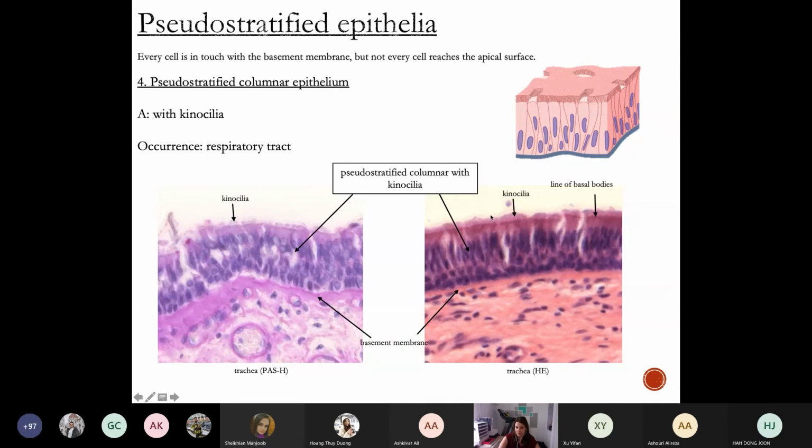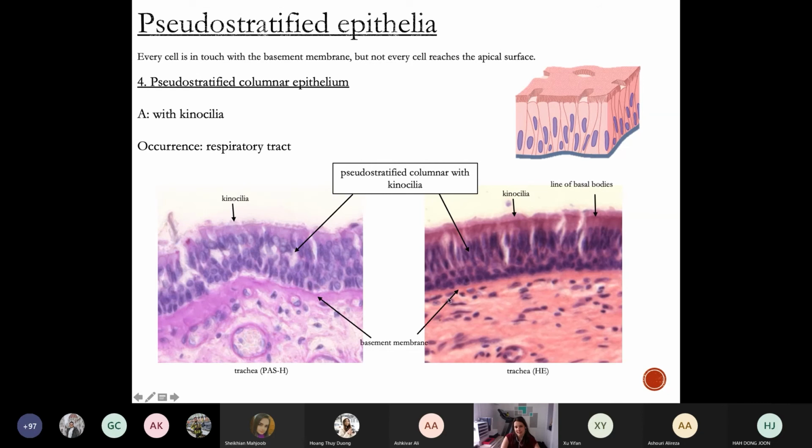But if you take a look at the surface and you see some kind of surface projection, then you could be sure that this is a pseudostratified epithelium and not a stratified epithelium. There are other ways to distinguish them as well, but maybe this is the easiest one.